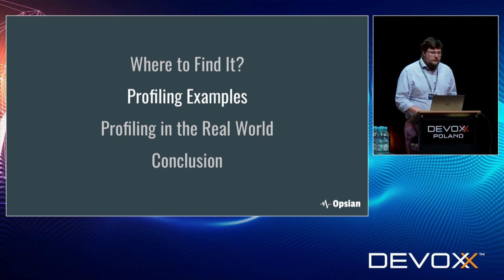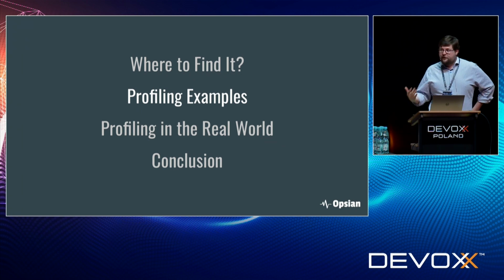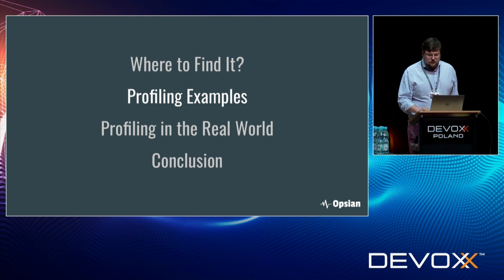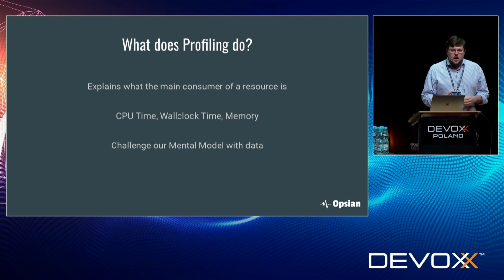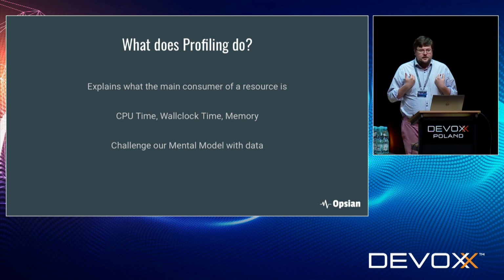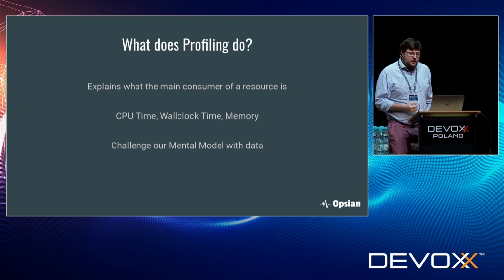Okay, so let's run through a few examples of what I mean by finding performance problems using profilers. So, firstly, what do profilers do? For me, profilers are about finding what the main consumer of a resource is, a computational resource in your application.